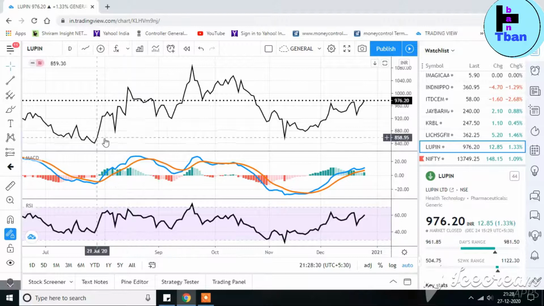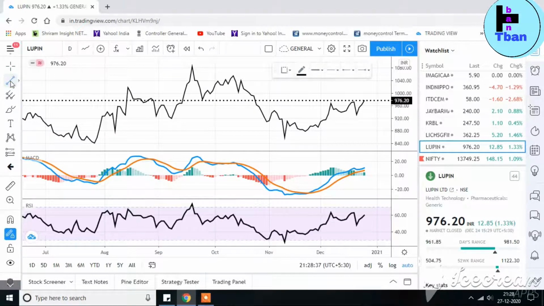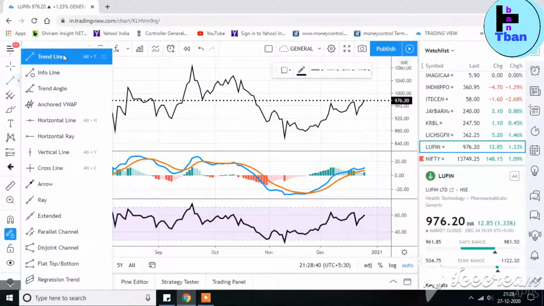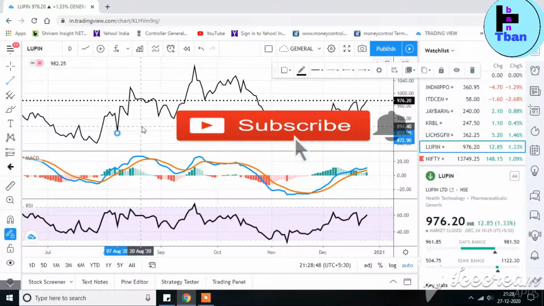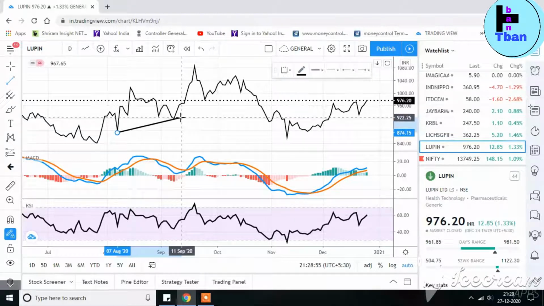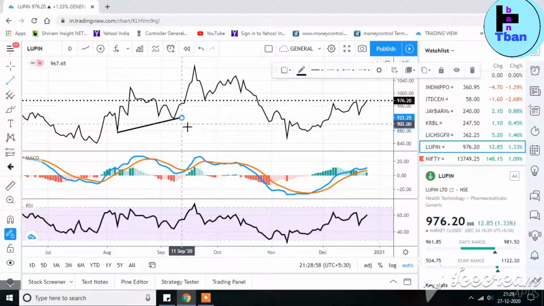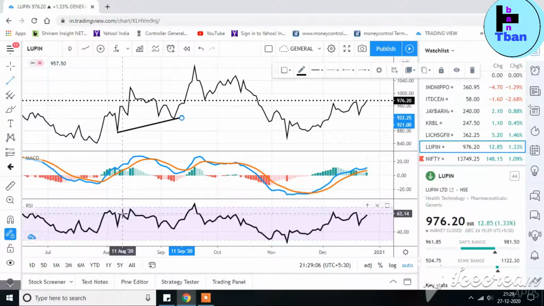Suppose you also watch this point. Very good. This is the Lupin daily chart. This side and this side. This side and this side. Very good system. Suppose I am drawing a trend line from this point to this point.